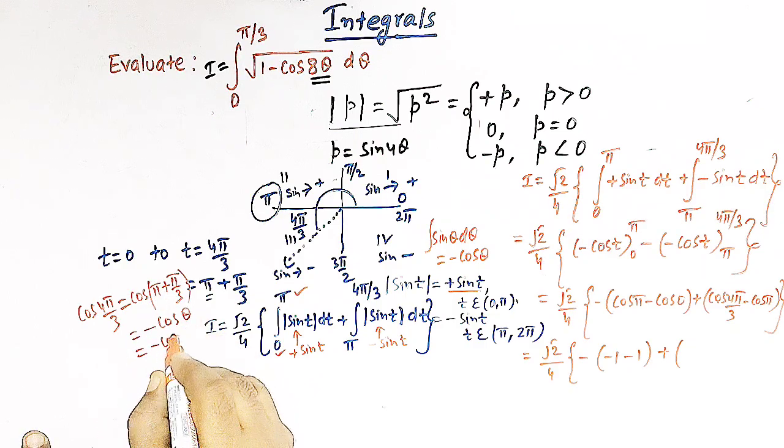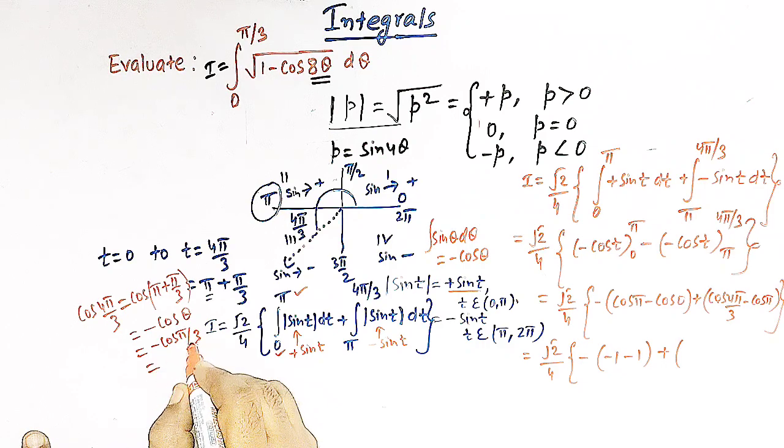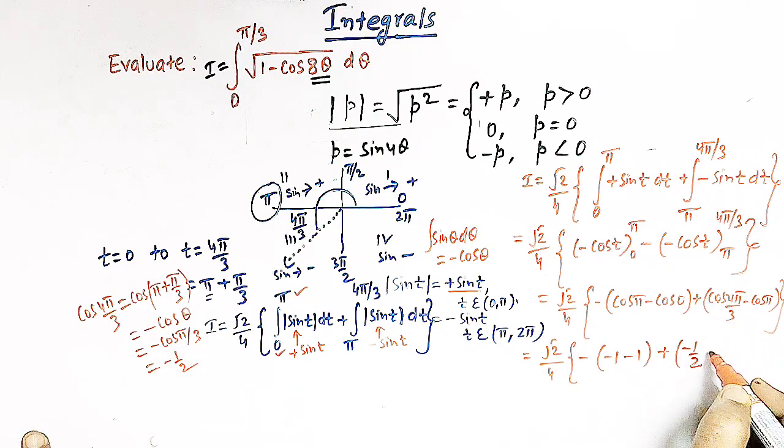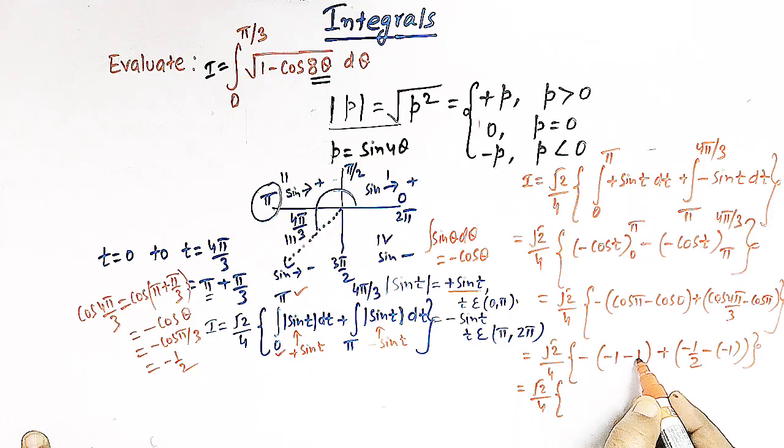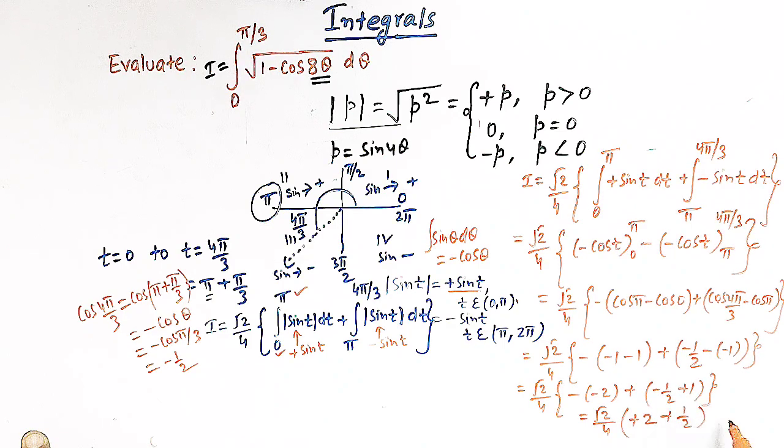So we have minus cos pi by 3, and that is cos 60 degrees, and this is half, so we have minus half. And here cos pi is minus 1, right? Okay, so now we can solve this expression. So here minus 1 minus 1 is minus 2, and here we have minus half plus 1, and this is square root of 2 over 4. This is plus 2, and 1 minus half is simply half.